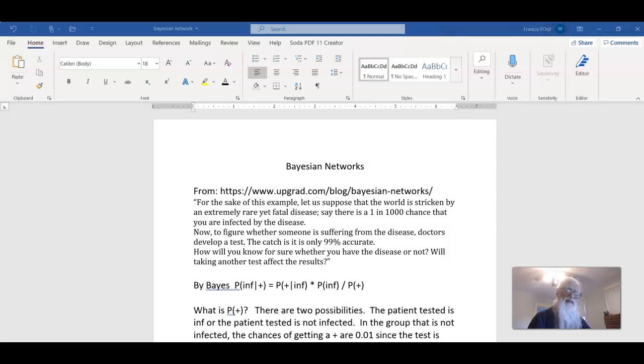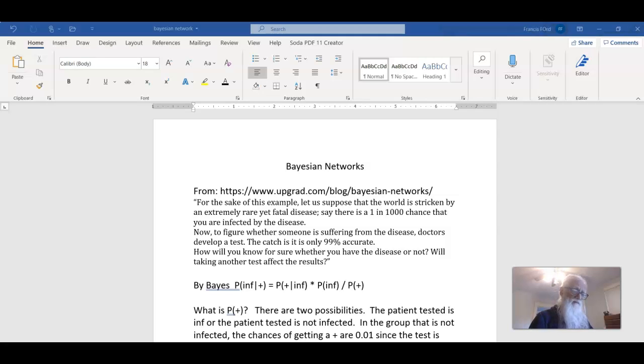But our test is only 99% accurate. If you take the test and you prove positive, what is your chance that you have the disease? And if it's not very good, then would a second test help?